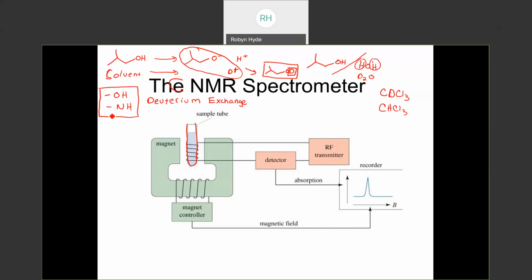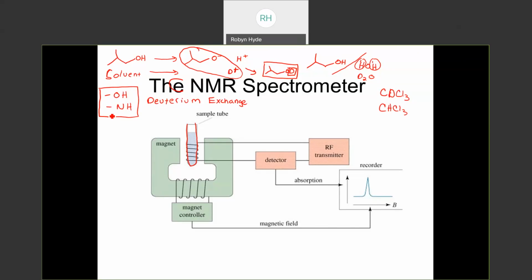Our instrument actually changes magnetic strength. So we shoot with one frequency and then work our way through all different strengths of magnet. That's actually how ours works. But thinking about it the opposite way is not wrong. That was the original design of NMRs, one frequency at a time with an RF transmitter.